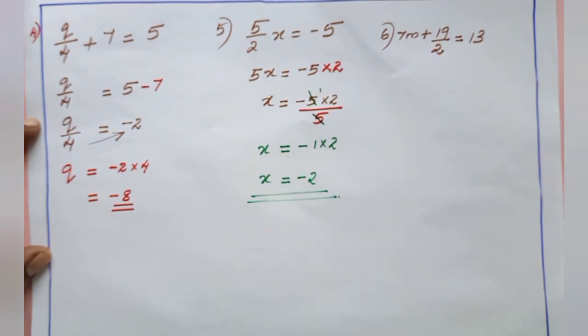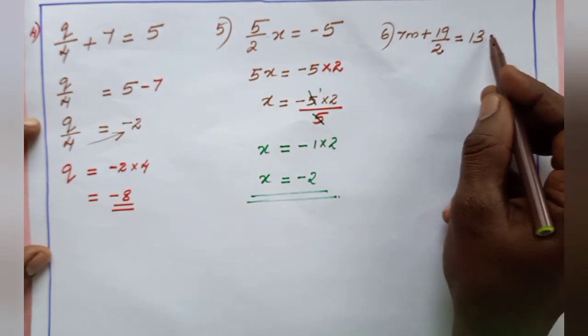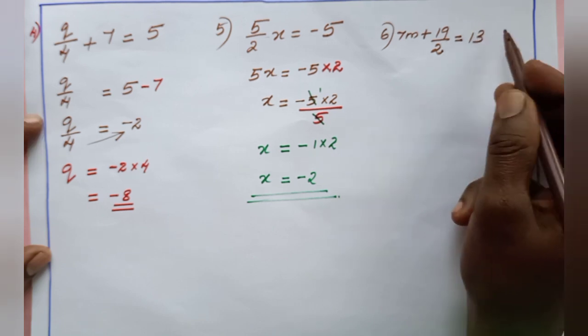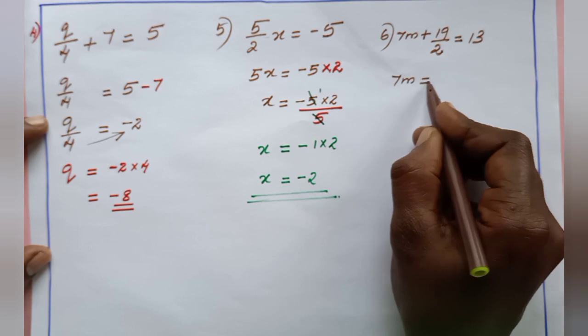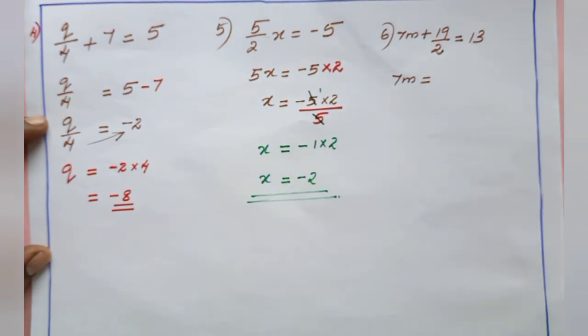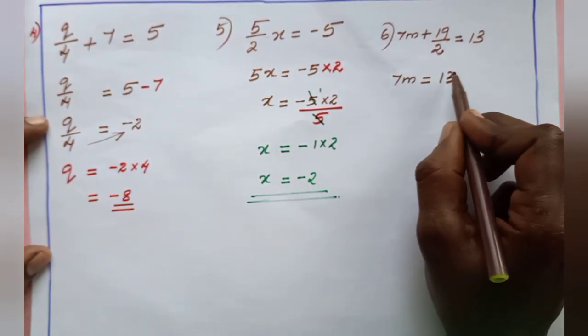First take positive 19 by 2 and transpose it to the right side. So we get 7m equal to 13, which is on the right side with no change.